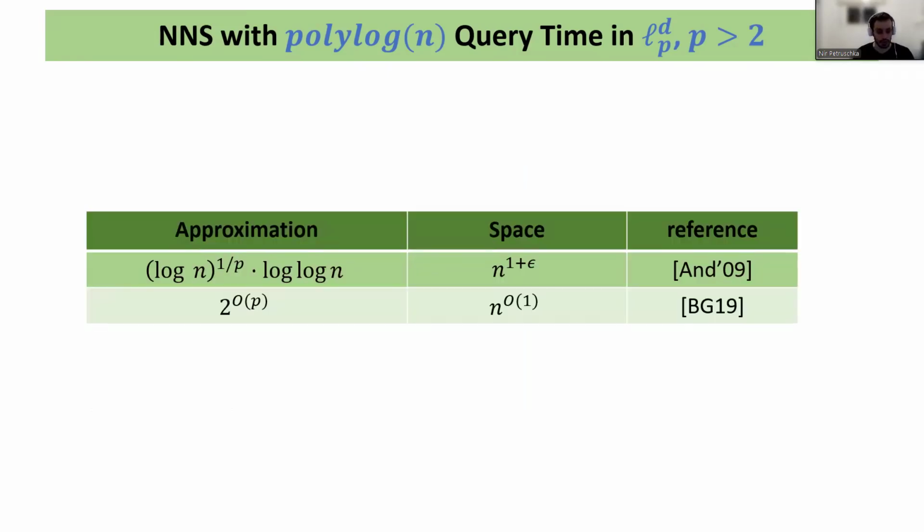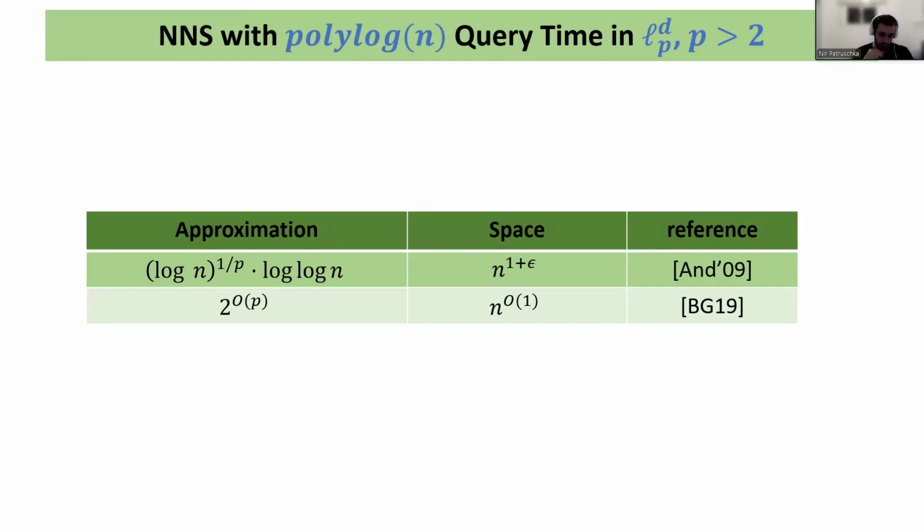And in this regime, the two most relevant results are by Andoni and by Bartal and Gottlieb. The result of Andoni has an approximation which depends on the number of points, and the results of Bartal and Gottlieb do not have this dependency in the approximation. We have an exponential dependency in p in the approximation, and a polynomial space.